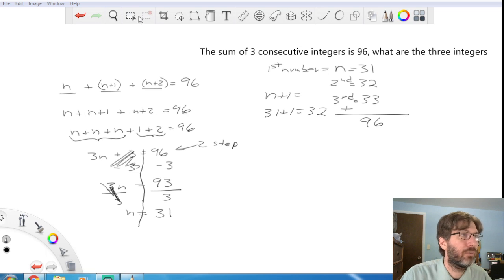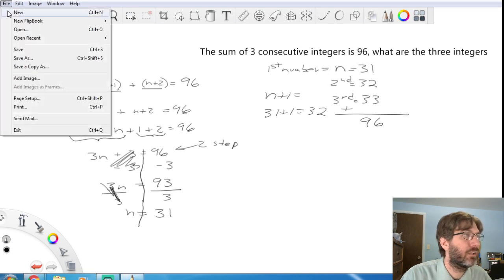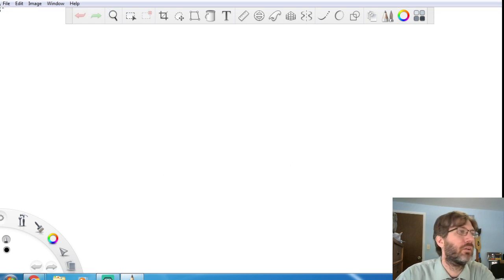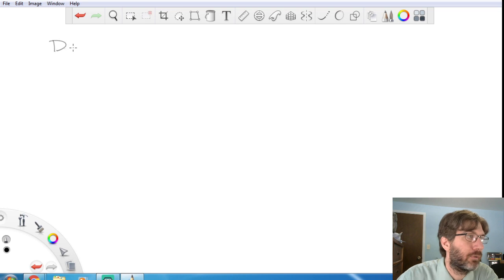The next thing we need to cover for today is doing this with the distributive property. So the distributive property we've been working with all year and we'll continue to work with.